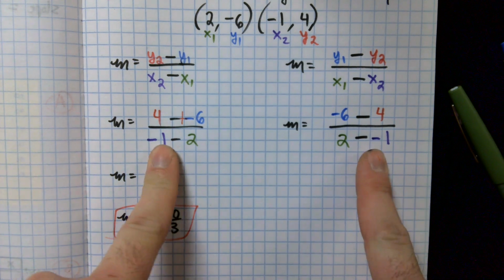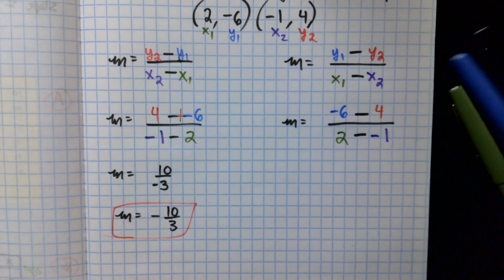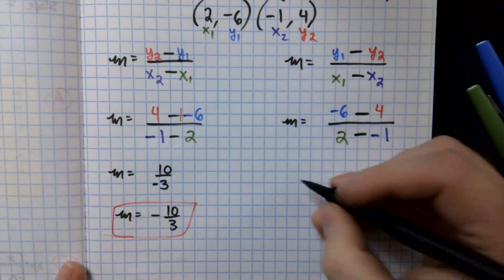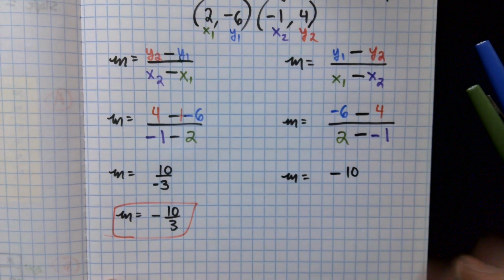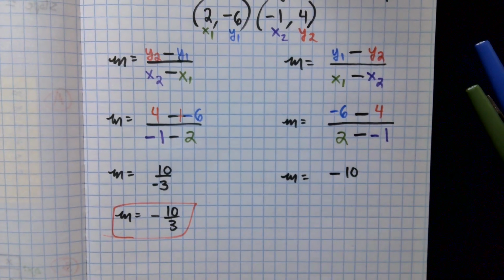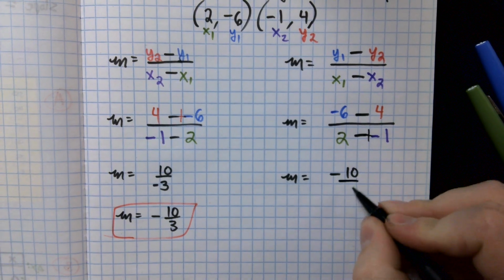So these look, on first glance, very different. All my orders are switched around. My minuses are all kind of going different ways. But let's simplify. Across the top, what is -6 minus 4? -10. What happens with these 2 minus signs that are just close enough to touch? They turn into a plus. What is 2 plus 1? 3.